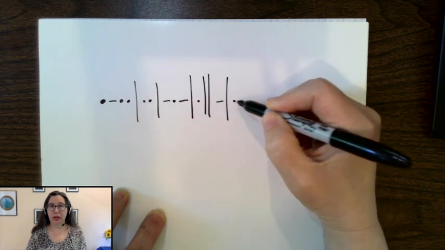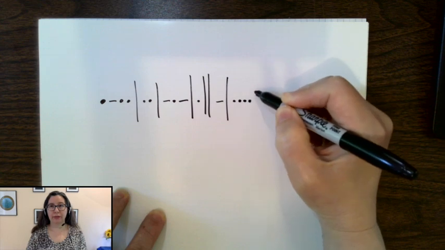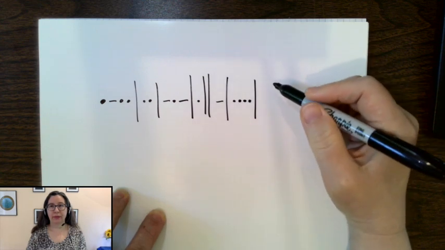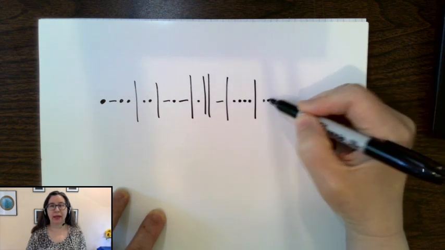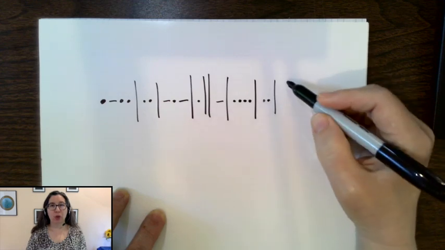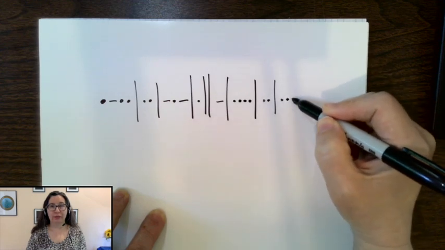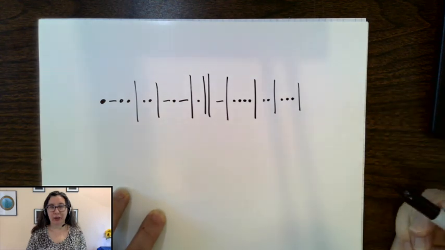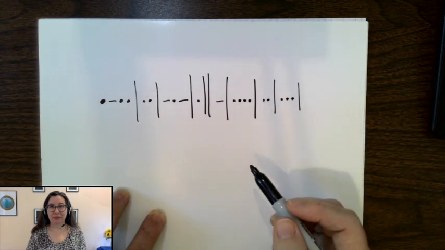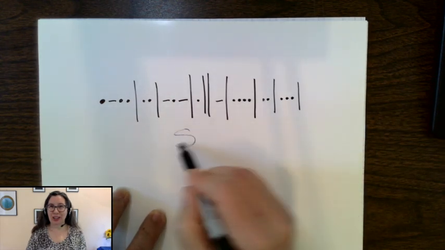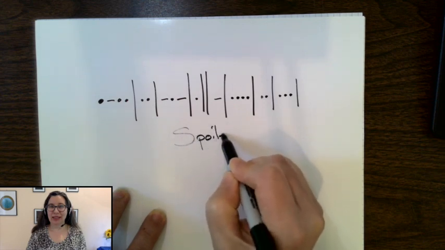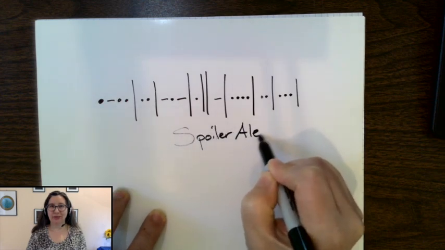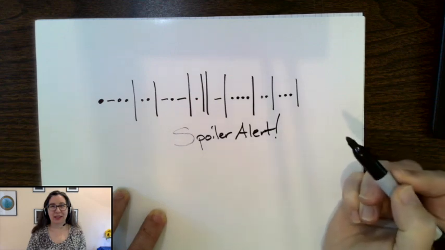This message has 2 words. Each word has 4 letters in it. Can you figure out what this message says? Spoiler alert, if you haven't translated it yet, pause here, figure it out. Here comes the answer.